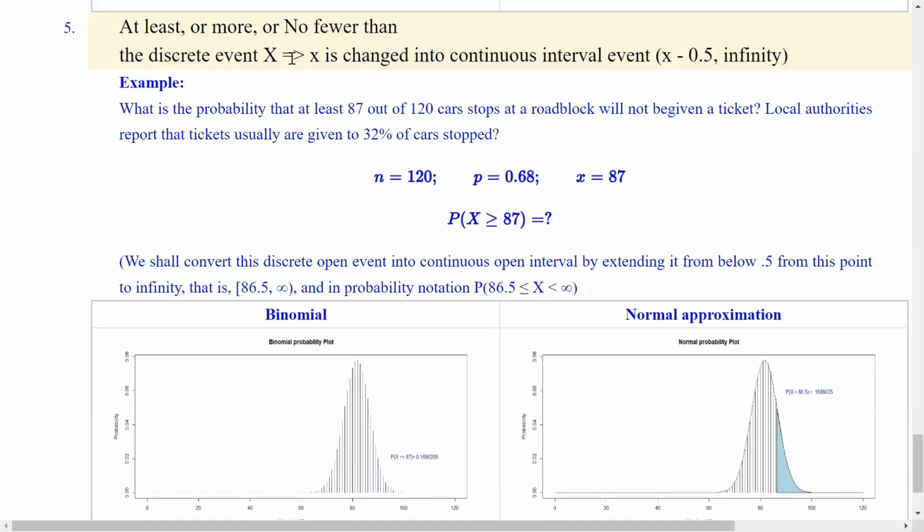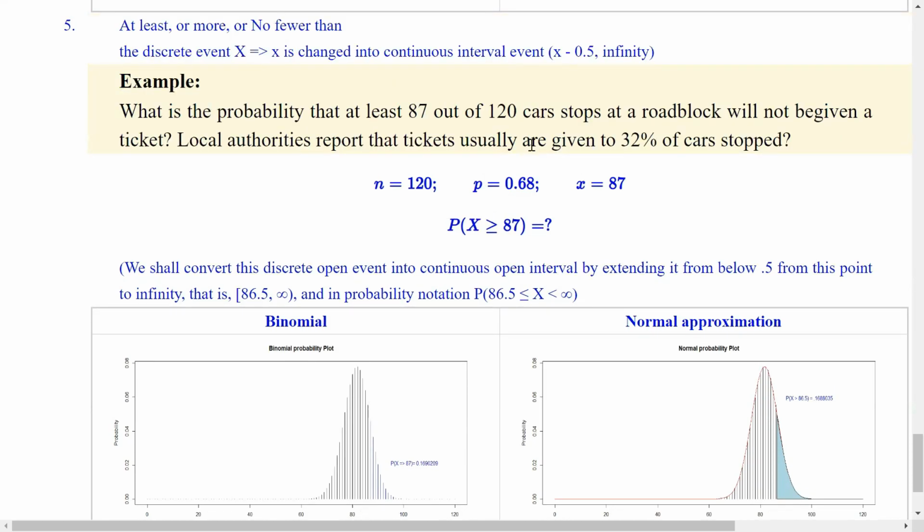In the last example, let's discuss the closed discrete probability for this upper tail event, that the random variable x takes values greater than or equal to some specified value x. This probability is approximated by the area in an interval that ranges from 0.5 below the value of x to infinity in the normal distribution.